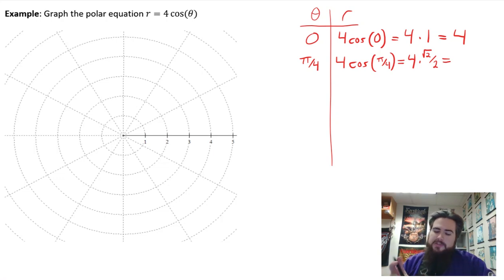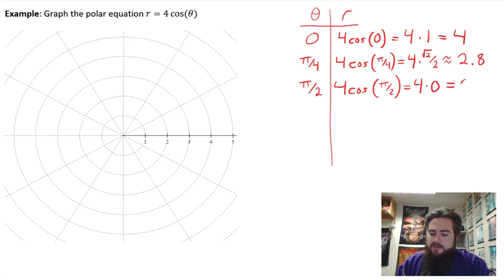And 4 times square root of 2 over 2 is approximately 2 square root of 2, or if you approximate that, about 2.8. I will then plug in pi over 2. 4 cosine of pi over 2. That would be 4 times cosine of pi over 2, which is 0, meaning that this comes out as 0.